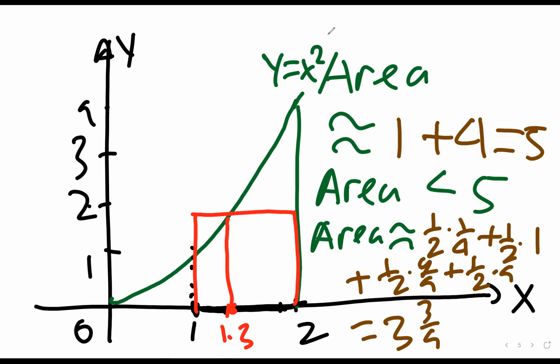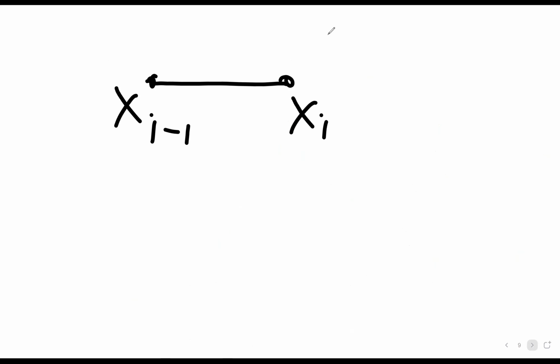If I go back to the general situation, on the interval from xi minus 1 until xi, I will choose a particular point, let's say xi bar, any point between xi minus 1 and xi. Xi bar, of course, can be the left endpoint or the right endpoint.